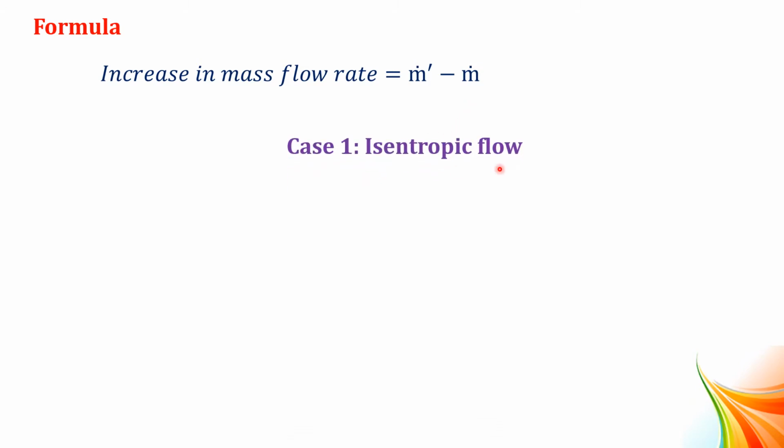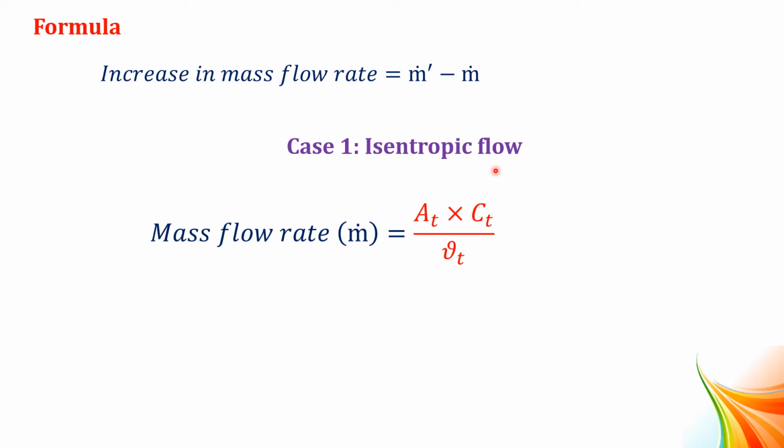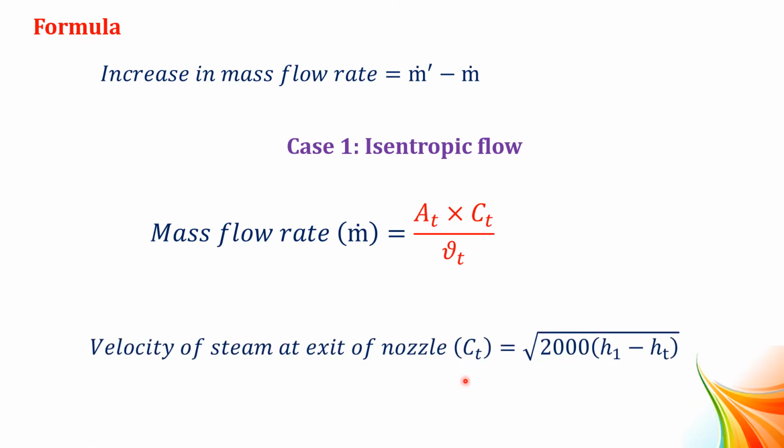If the flow is isentropic, then the mass flow rate m dot equal to At Ct divided by Vt. Mass flow rate is given in our problem. Velocity we can find out using this equation, square root of 2000 into h1 minus ht. Vt we can take it from the Mollier diagram. Then we can find out the throat area.